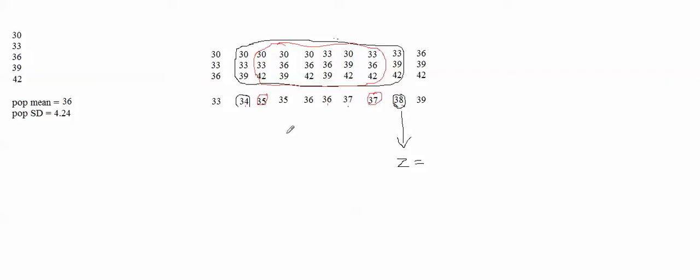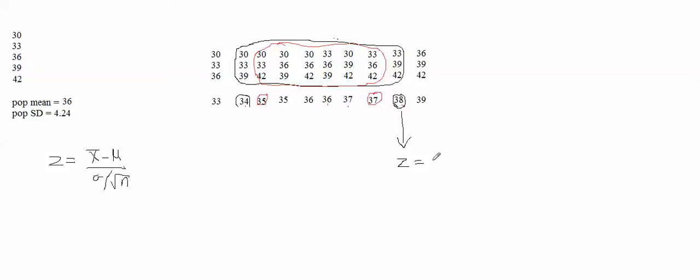So the z formula is like this. Sample mean minus population mean over population standard deviation sigma over square root of n.